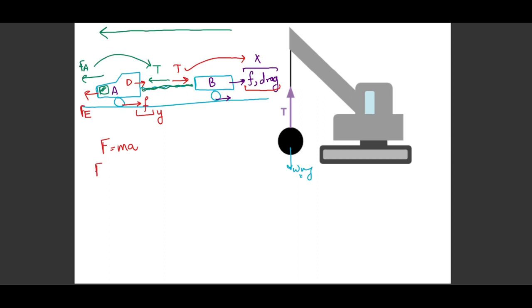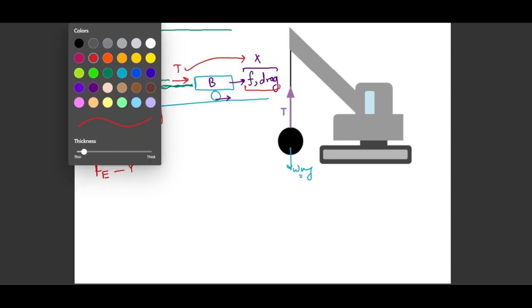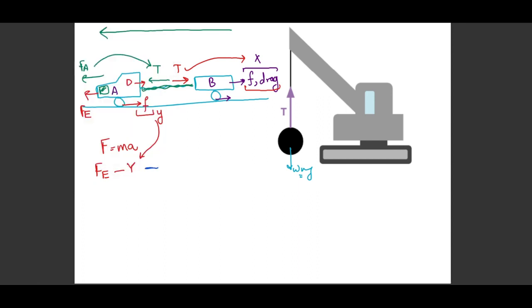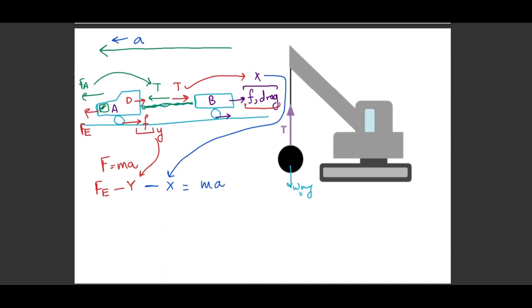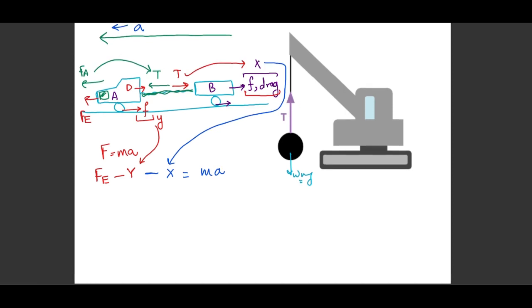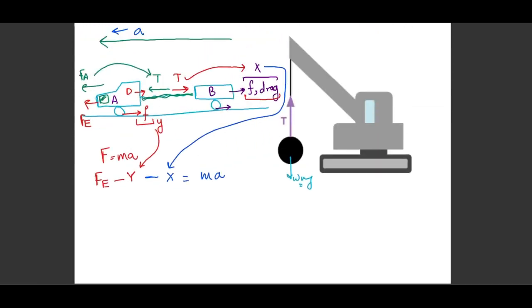So Fe will be the force of engine, the sole proprietor of the whole system, minus the component of Y, the opposition experienced by A itself, minus this X, because the engine has to put up with this load as well, equal to mass into acceleration of the whole system, wherever this object is trying to accelerate, right? Okay, so this is the truck trolley example, a manifestation of tension.